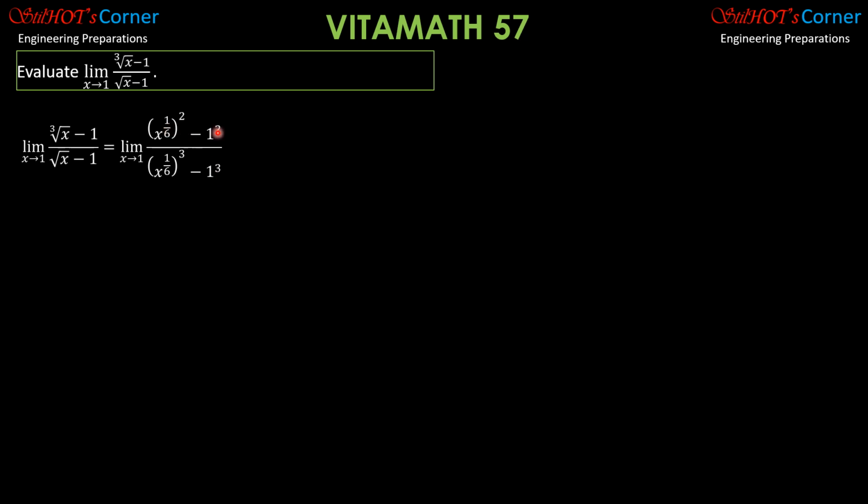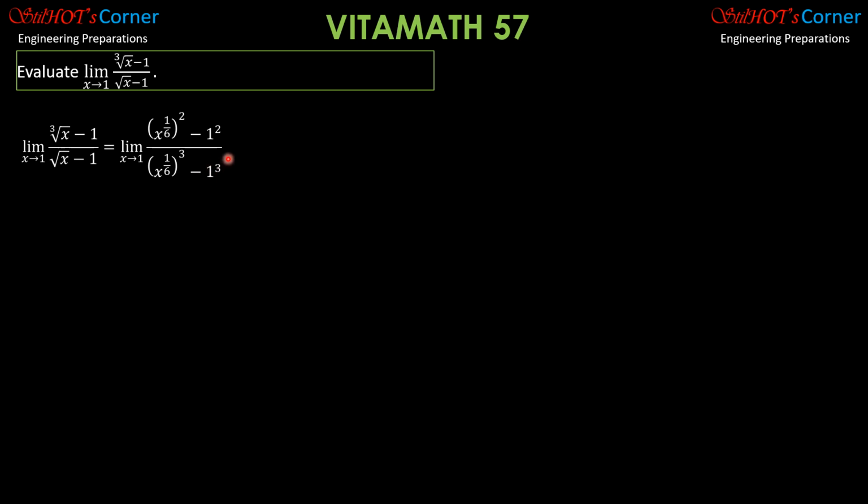So we have a difference of two squares. The factors of a difference of two squares are x to the 1/6 plus 1 and x to the 1/6 minus 1. While the factors of the difference of two cubes are x to the 1/6 minus 1, times the quantity: the square of x to the 1/6, which is x to the 1/3, plus the product of x to the 1/6 and 1, which is x to the 1/6, plus the square of 1, which is just 1.